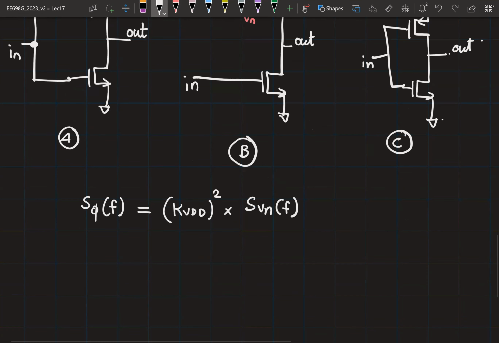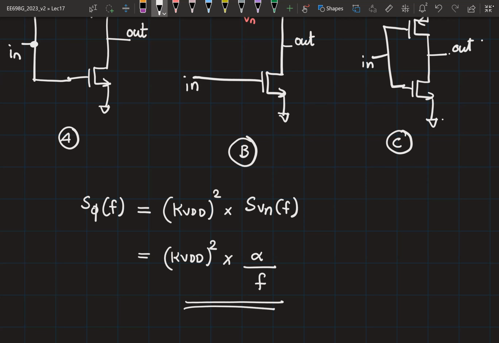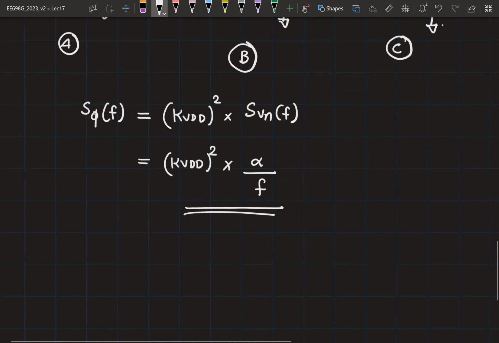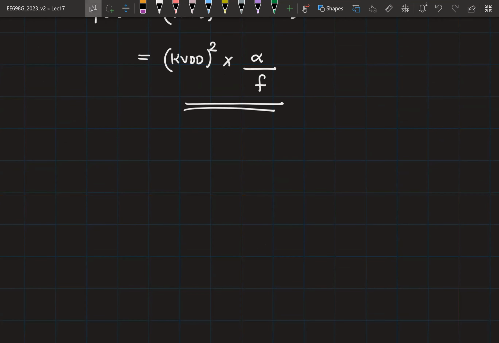We started with flicker noise, so S Vn of f is a function of frequency. I'll write it as some constant by f. So flicker noise in the transistor is resulting in 1 by f phase noise at the output. Now we will do some quick comparison between the delay line and the ring oscillator.